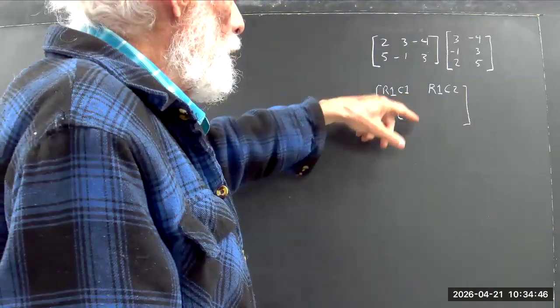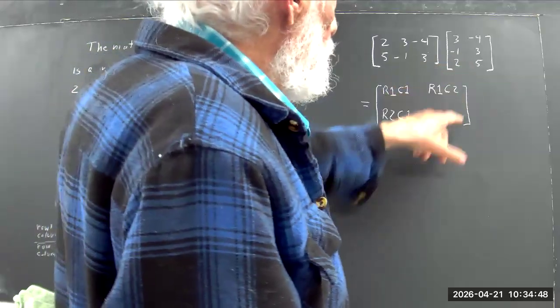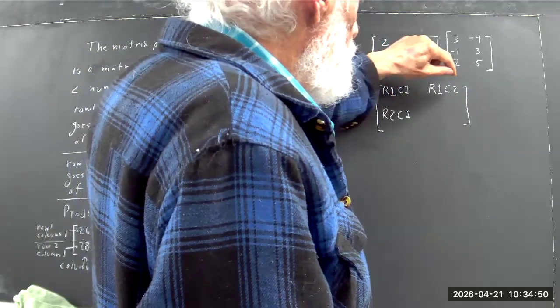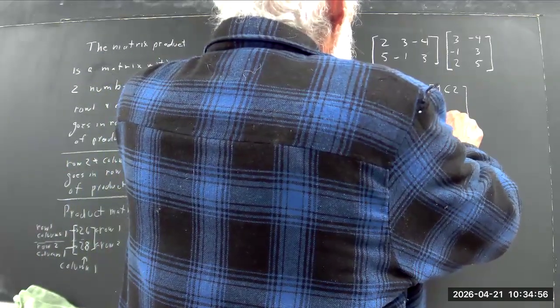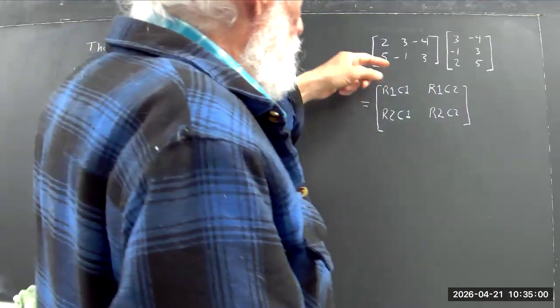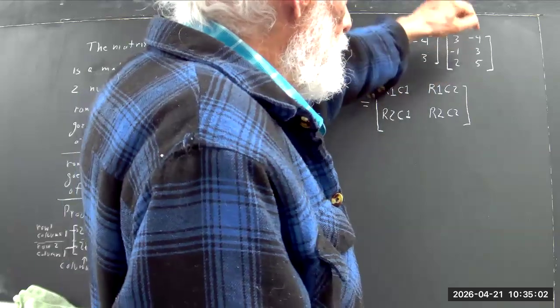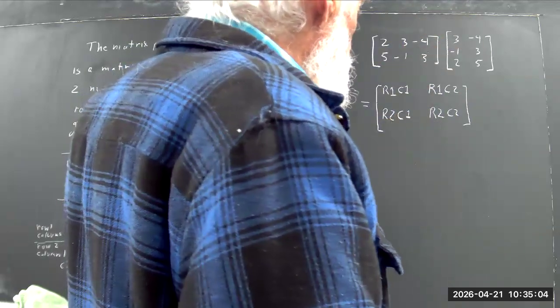So we're starting a new column. So in the upper right-hand corner of our new matrix, we're going to have row 1, column 2. And in the lower right-hand corner, we're going to have row 2, column 2. And that's going to come from the second row and the second column.